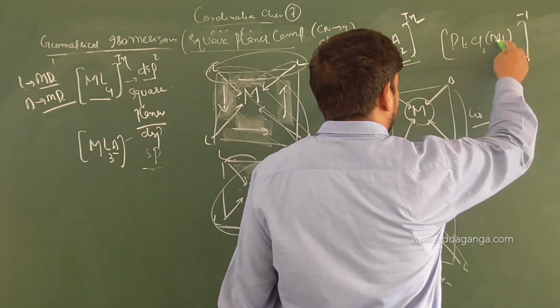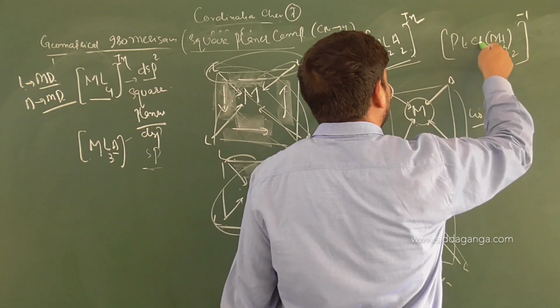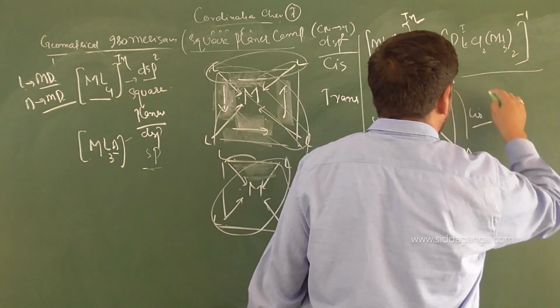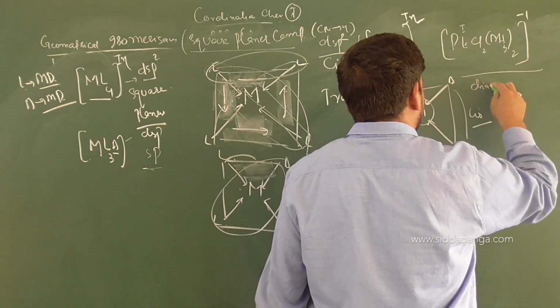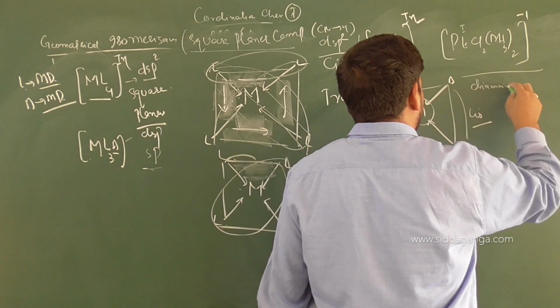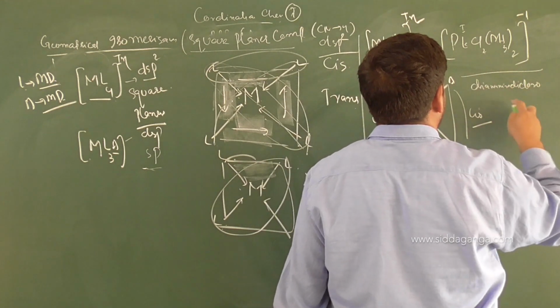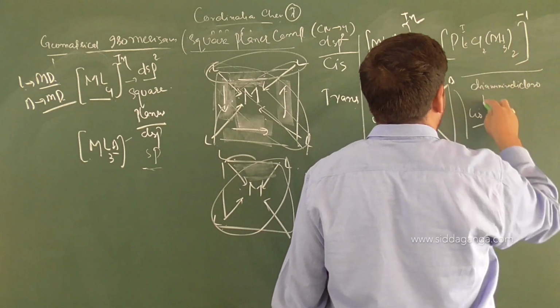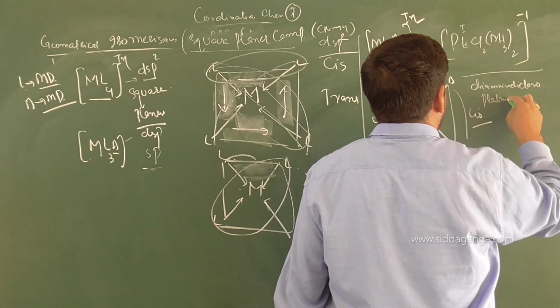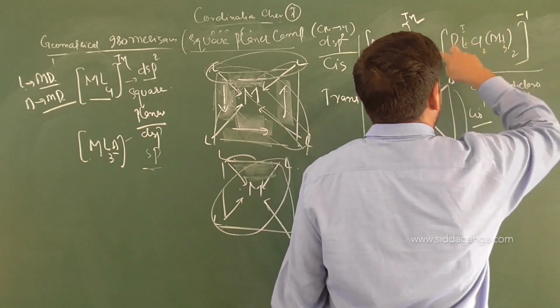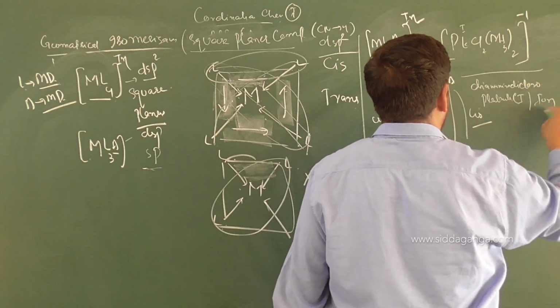It will be diamminedichloroplatinate(II) ion, because a counter ion has not been mentioned. Diamminedichloro, then platinate, oxidation state is II, and because there is no counter ion mentioned, we must finish the name with ion.